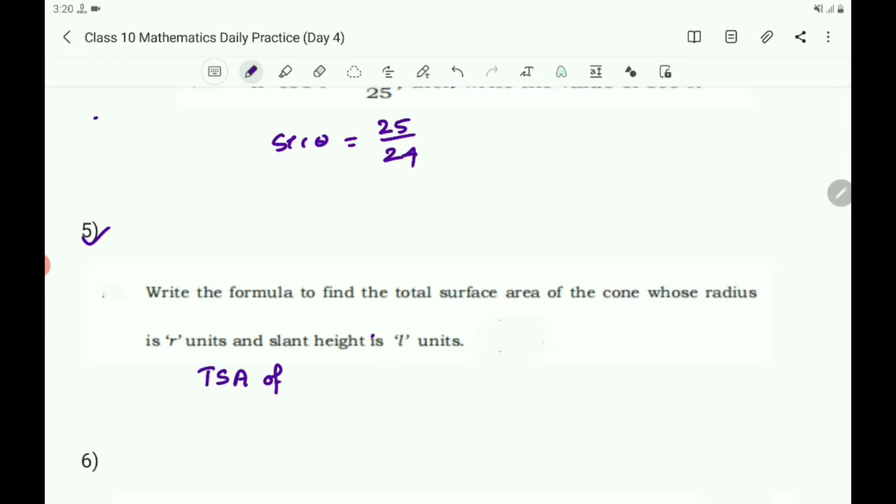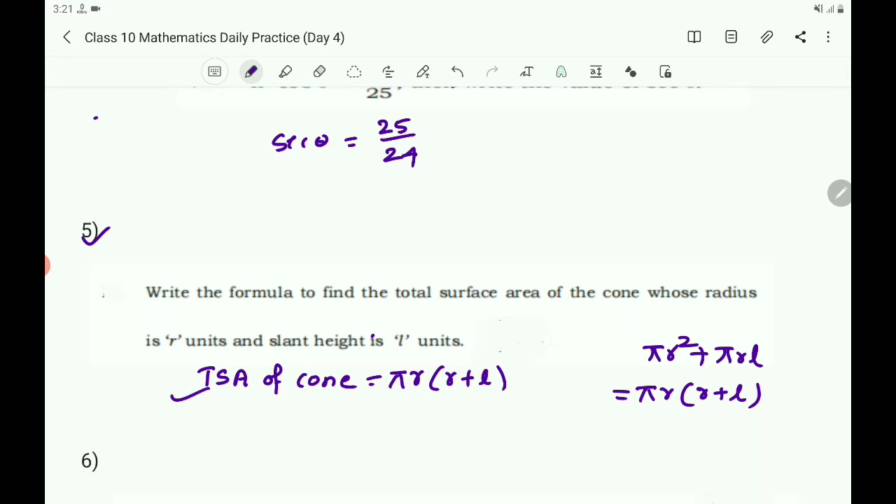TSA of cone equals. Here TSA of the cone means LSA plus area of the base. Area of the base is pi r square and CSA, that is the lateral surface area, is pi r L. Then it becomes pi r into r plus L, that is nothing but pi r square plus pi r L. If you remove pi outside and r outside, what is remaining in the bracket? r plus L. So this is the formula.